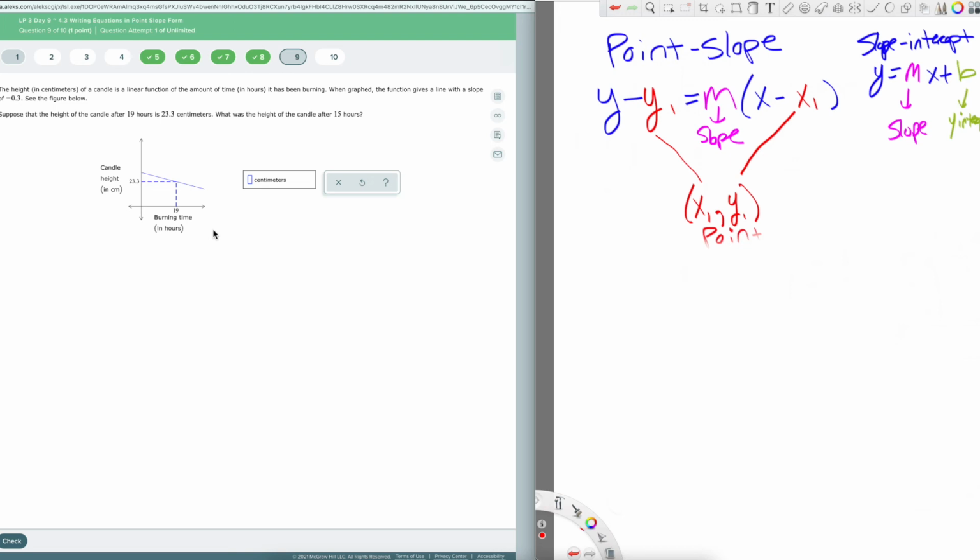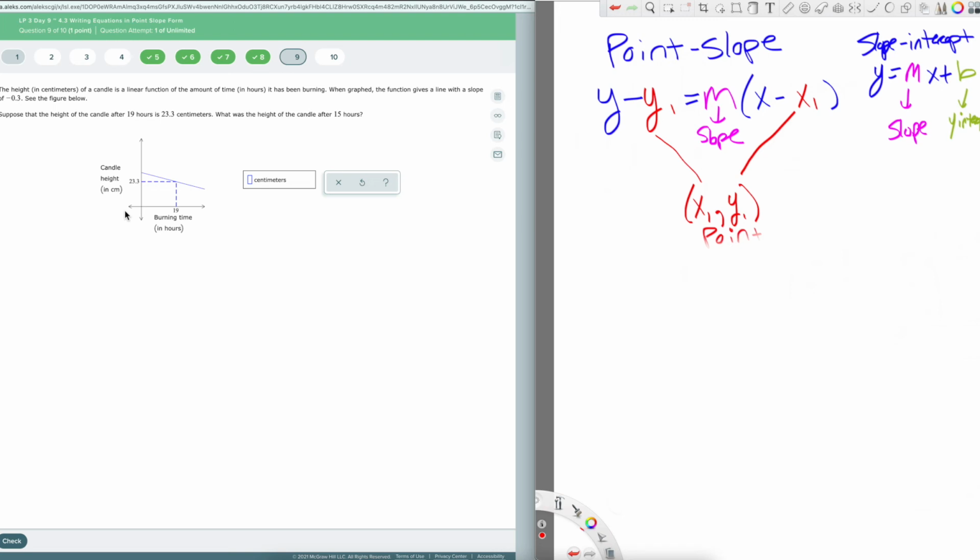But the candle being lit will be affected by time, because the longer the candle is lit, the shorter it will be, right? So the candle height is the dependent variable, and that's going to go on the y-axis. So it's getting a little bit more technical there. We've talked about independent and dependent in class before, but that's kind of how we know. If they don't give you a graph there, that's how you'd know where they would go, as you think about which one is dependent on the other.